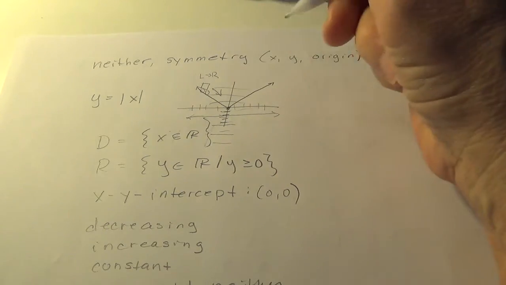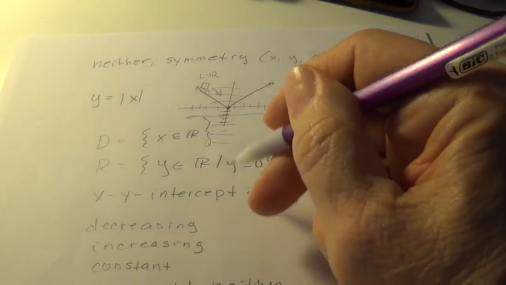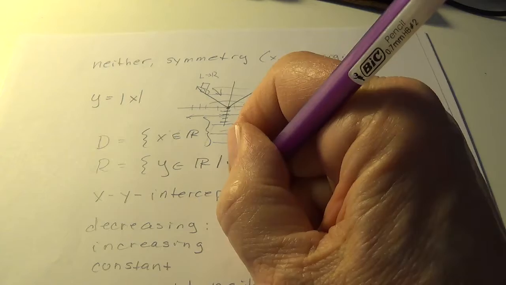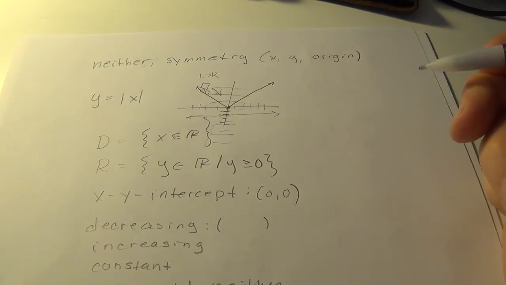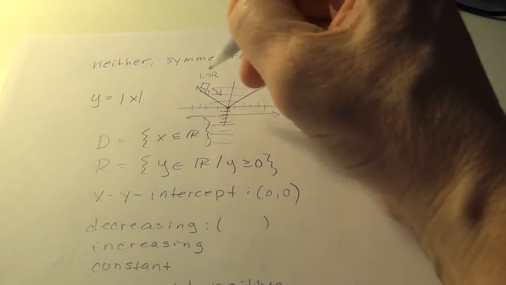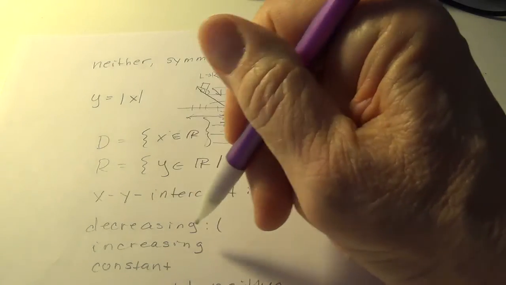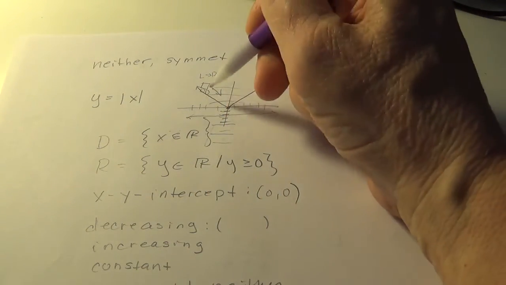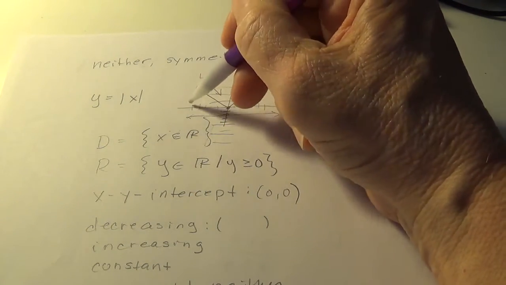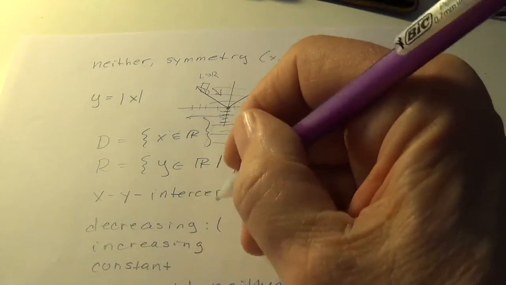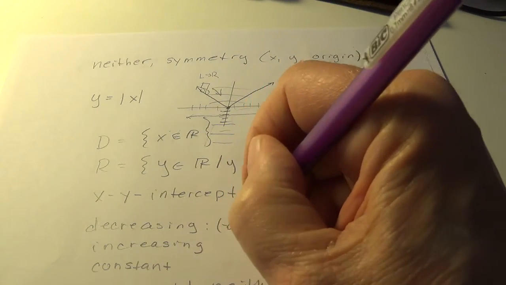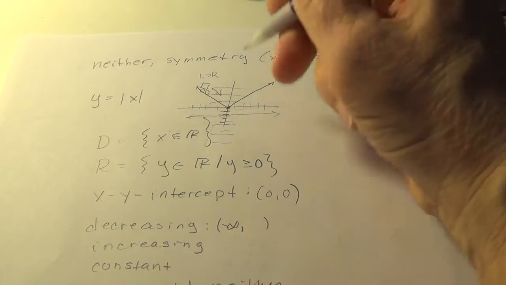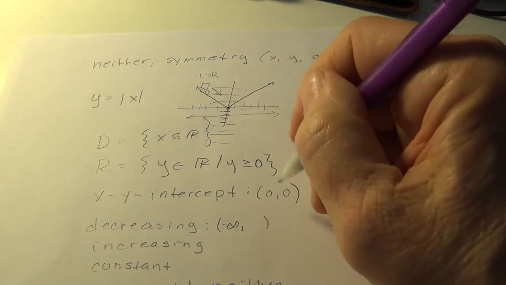Notice it's going down originally, so we say decreasing. We indicate that with interval notation, in terms of the x values. So it's decreasing from -infinity, and it continues until right there at 0.